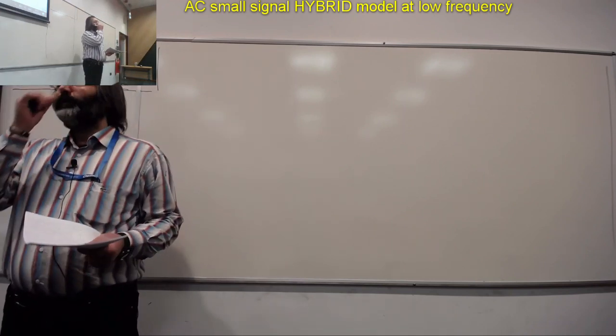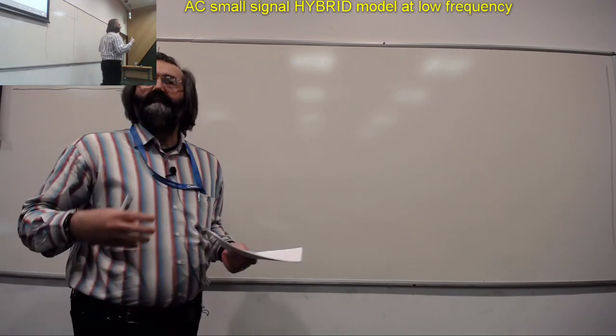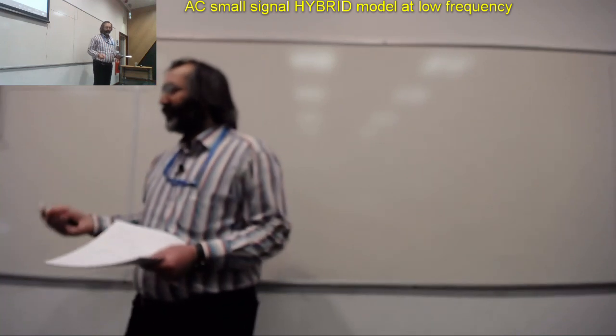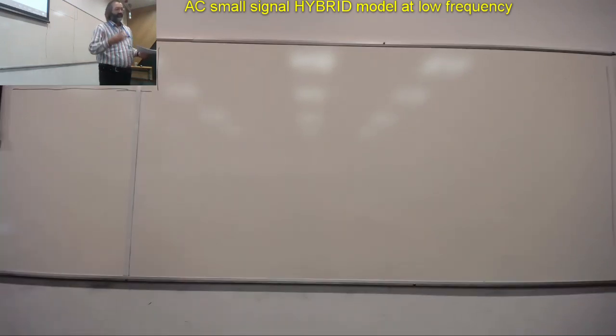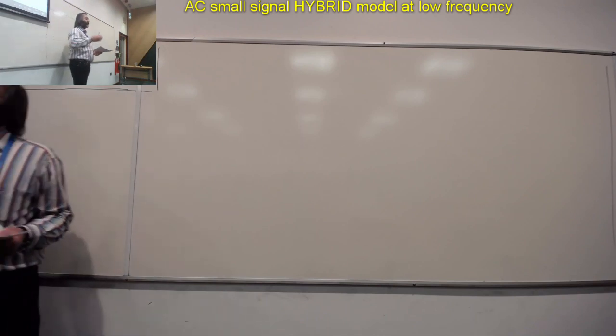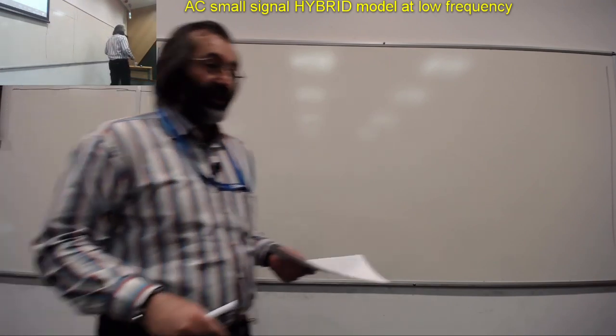Last week we looked at how we can DC bias properly a BJT. We've seen effectively 3 configurations, all in common emitter, what we call common emitter configuration.